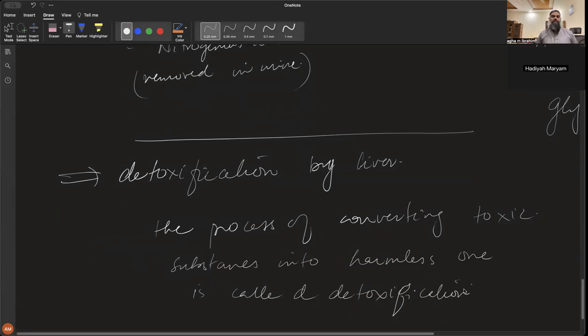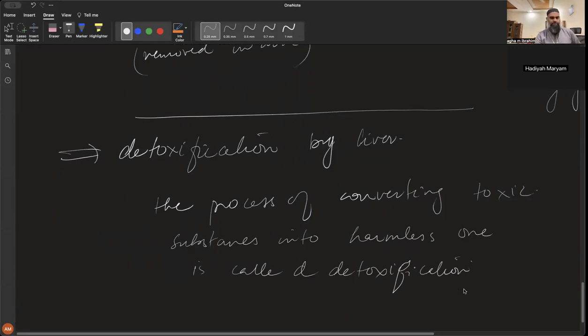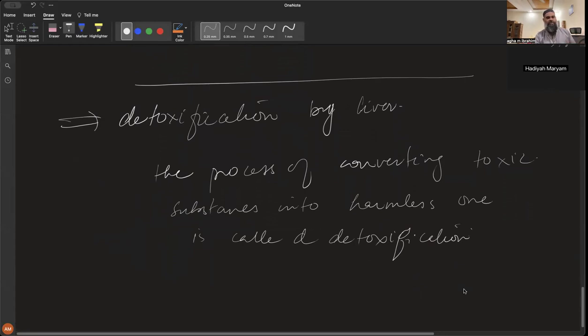As we saw, one of the examples is ammonia being converted into urea, from harmful to non-harmful.